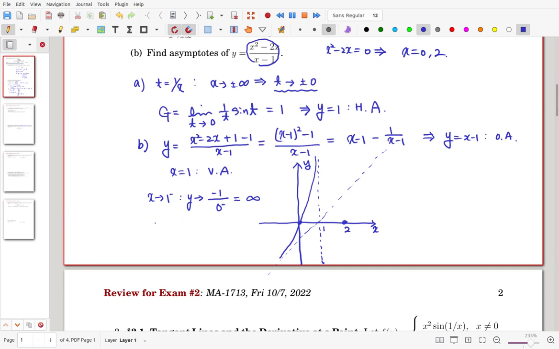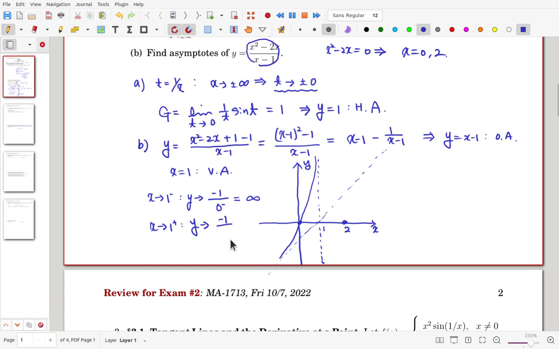How about x approaching 1 from the right? The top will be minus 1, the same. For the bottom, x minus 1, x is larger than 1 and approaching 1, so x minus 1 is larger than 0 but becoming 0.